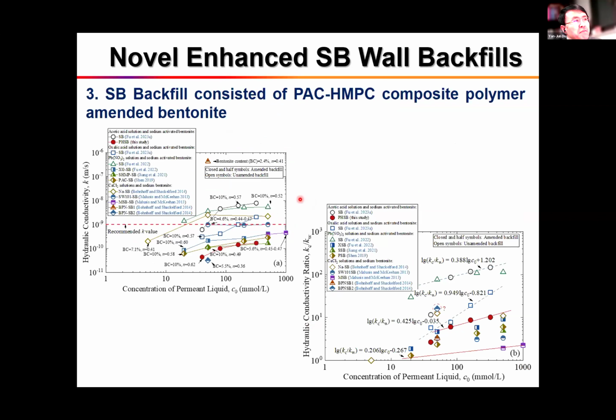Also, we compare the amended backfill with the other types of backfill, for example, the MSB backfill and BPN amended SB backfill. We find our amended backfill has comparable Kc with the other types of polymer amended backfill.